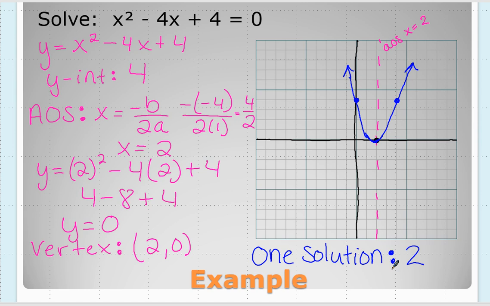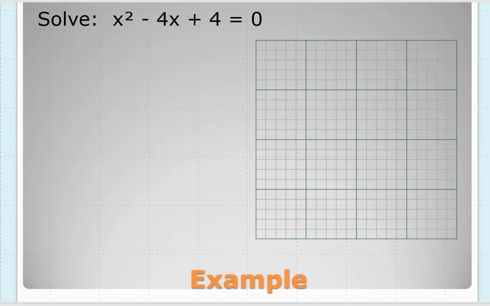Okay, let's try another one. So it says solve x squared plus 6x equals negative 8.